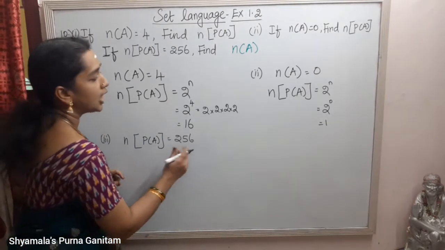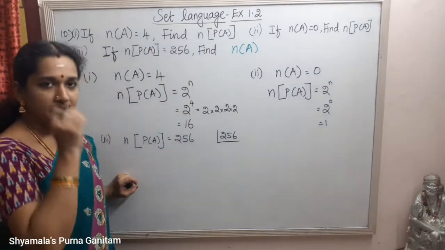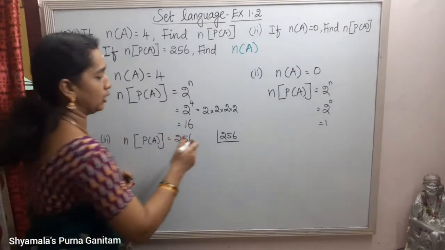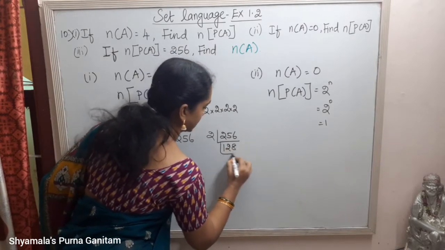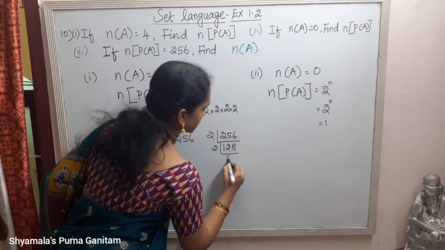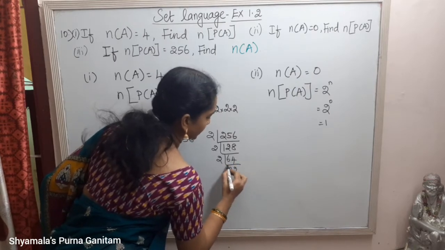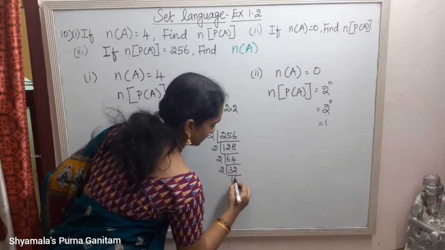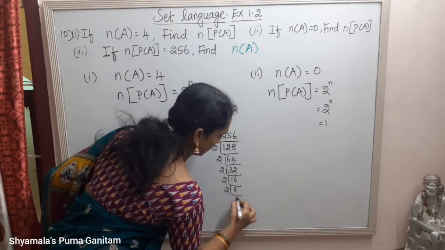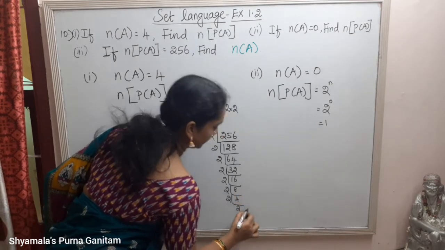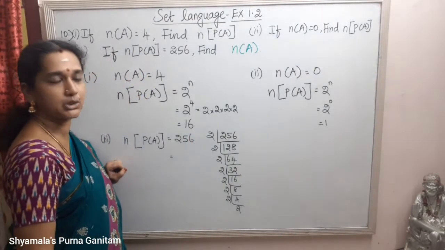So how will you find factors for this? You will use the prime factorization method. We will use the number 2 alone. 2 1s are 2, 2 2s are 4, 2 8s are 16, then 2 16s are 32, then 64, then 128, then 256. So how can you write this 256 with the base 2?